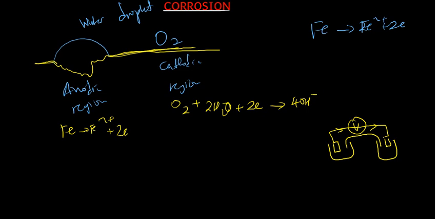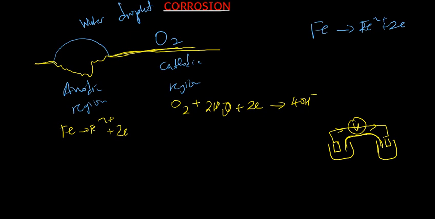And the iron 2 plus ions are going to flow through moisture because we have the presence of oxygen and water. So the water provides us with moisture, and the moisture is going to act as a salt bridge, and remember, a salt bridge is used as a point of connection between the two solutions so that ions are able to flow from one compartment to the other.